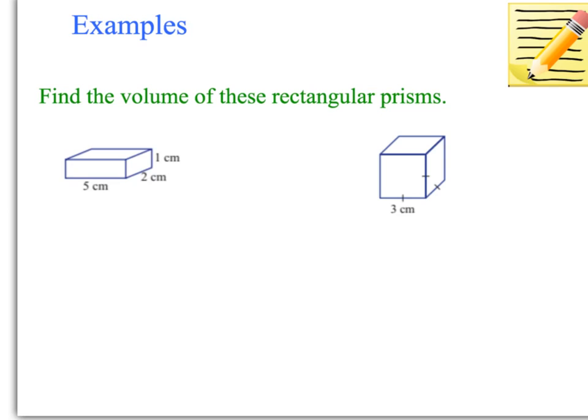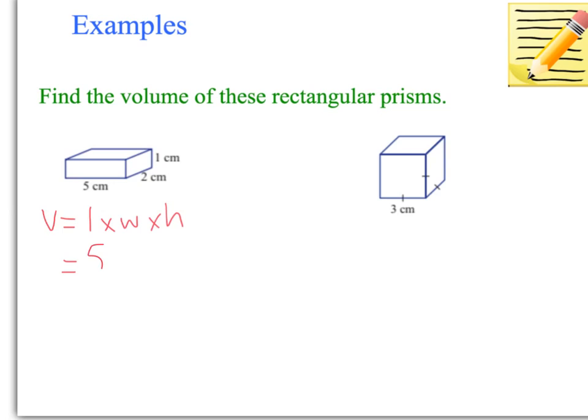Alright, now let's do some examples. You guys are pretty good at this by now. So remember, making sure we're putting the formula length times width times height. You can see here we've got the length 5 centimeters, the width 2 centimeters, and the height is 1 centimeter.